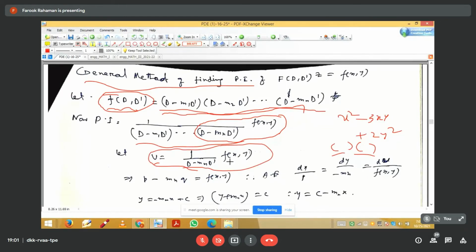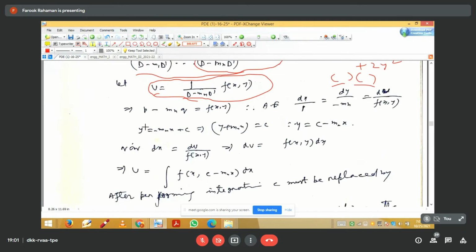In this case f is a given function, so this differential equation can be written in p and q form, where p means du/dx and q means du/dy, that is a linear first order partial differential equation. So this linear equation can be solved in this way.